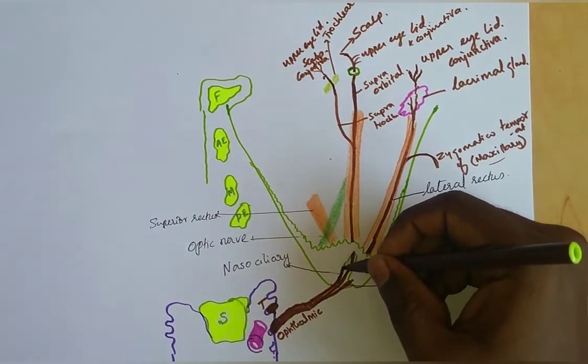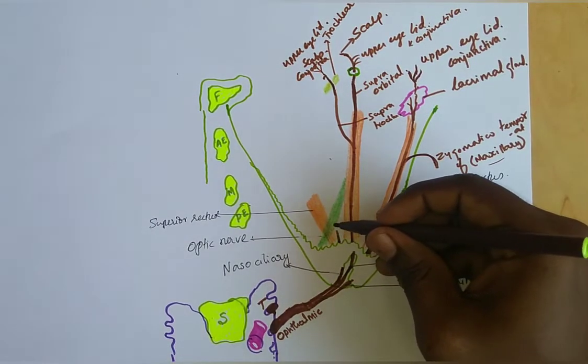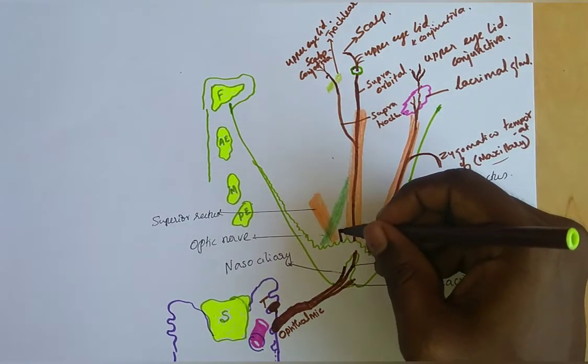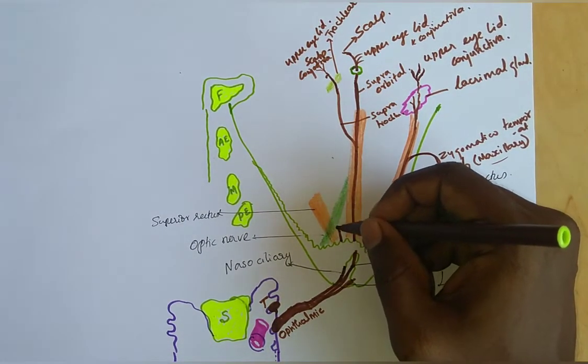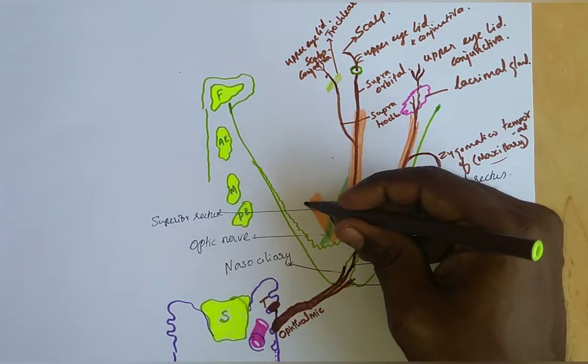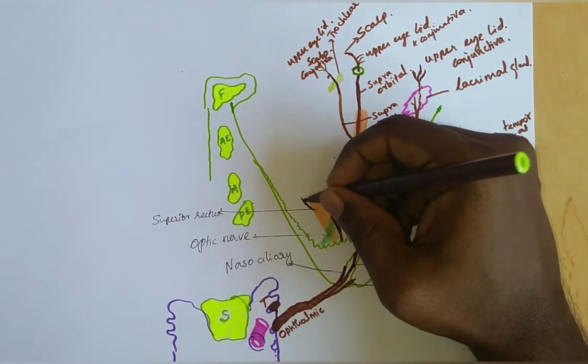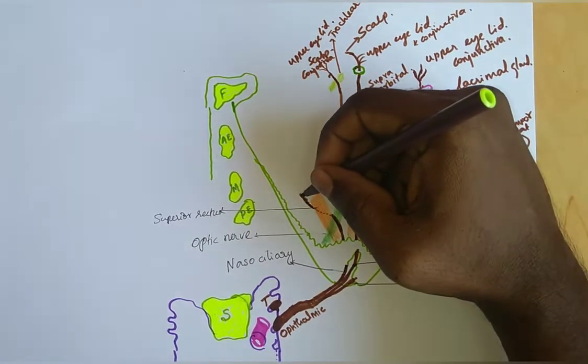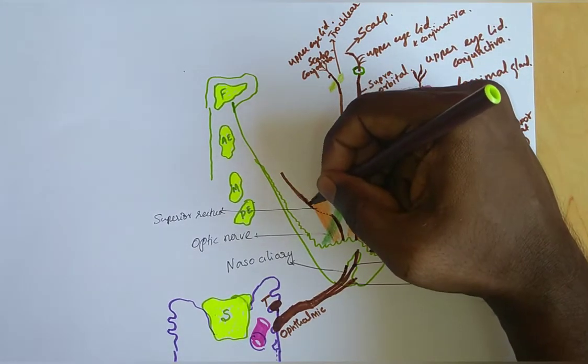So this nasociliary nerve, initially it is found between the optic nerve and the lateral rectus. Then it goes over the optic nerve and is found deep to the superior rectus muscle, to go to the medial wall of the orbit.